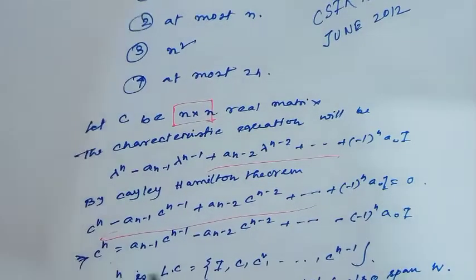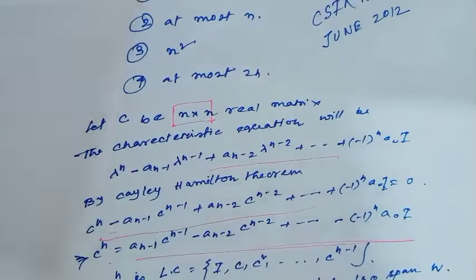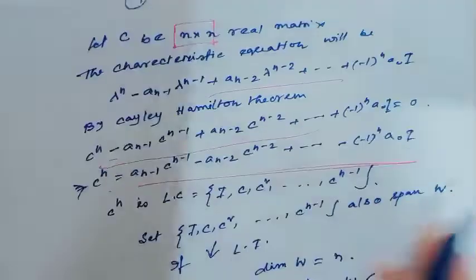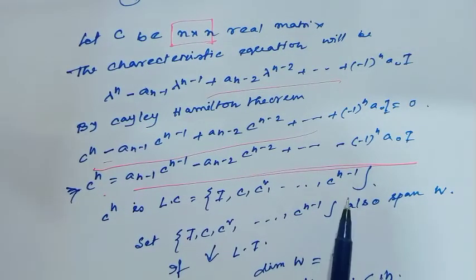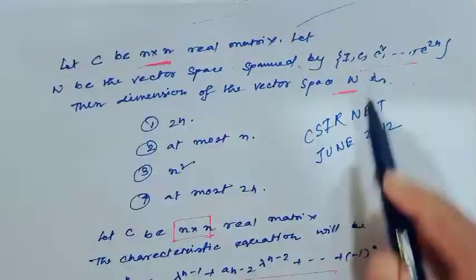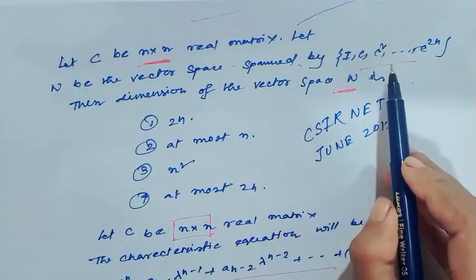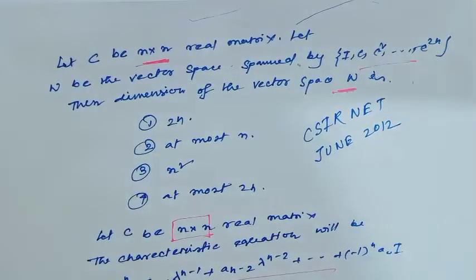So C to the power n equals this expression. That means C to the power n is a linear combination of identity, C, C square, up to C to the power n minus 1. And here the given set is identity, C, C square, up to C to the power 2n.